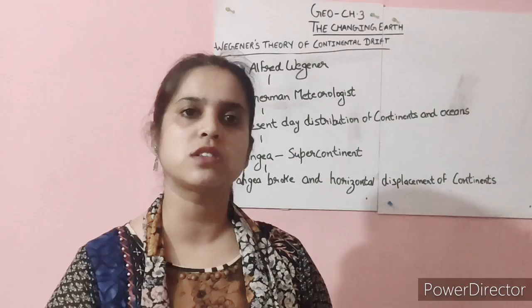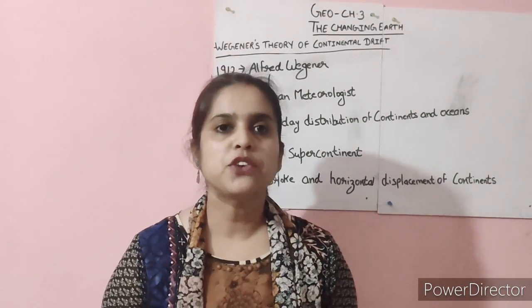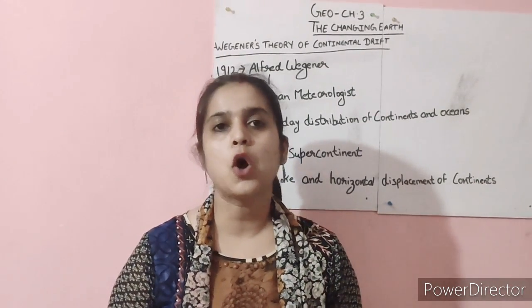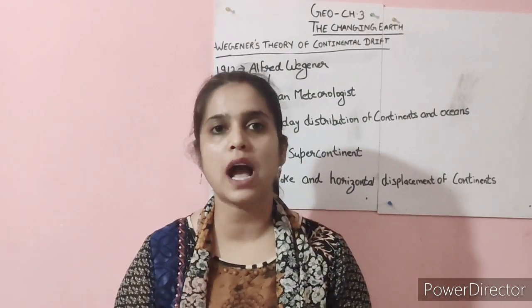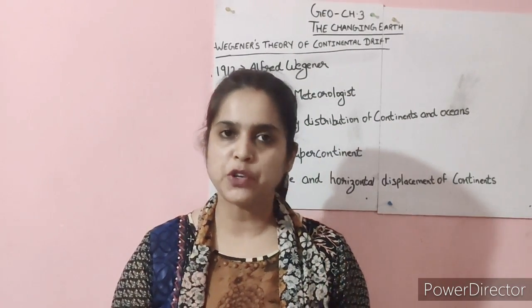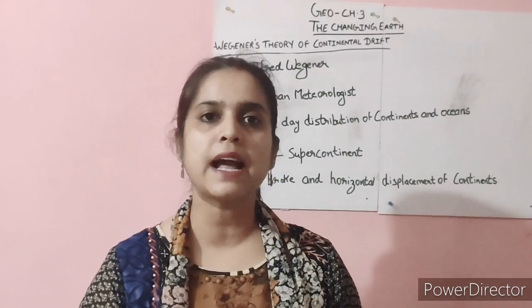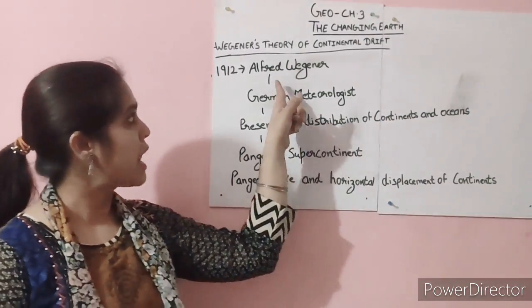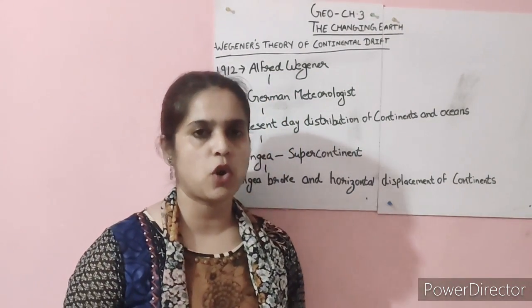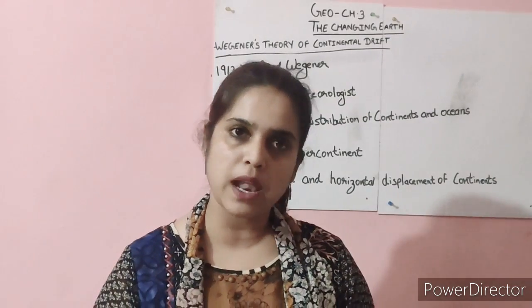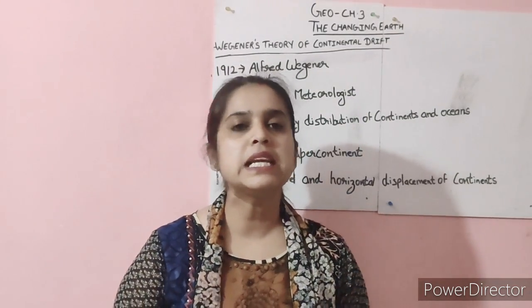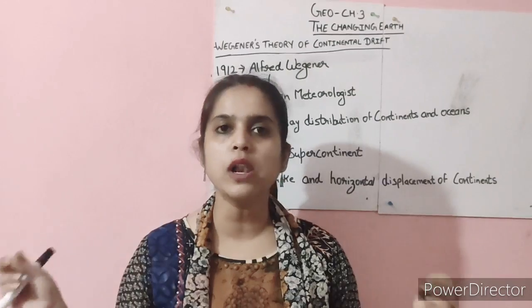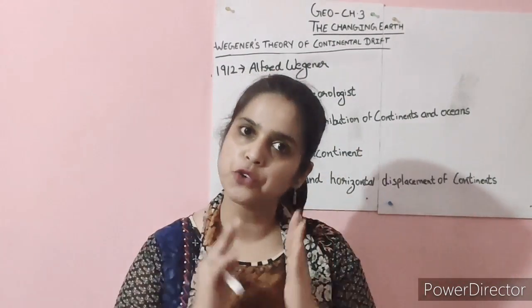Now, who is a meteorologist? Do you know that? A meteorologist is a person who studies and forecasts weather. So, Alfred Wegener, a German meteorologist in 1912, said that millions of years ago, all land masses were joined together.